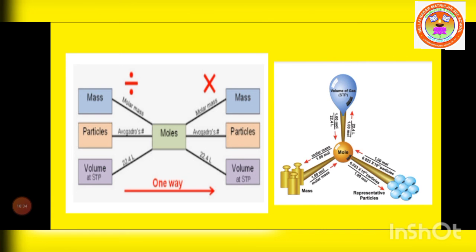Then mass is converted into mole: 1 mole divided by molar mass. Okay students, by using this picture representation, we have to convert mass, particles and volumes into mole, or mole into mass, particles and volume.